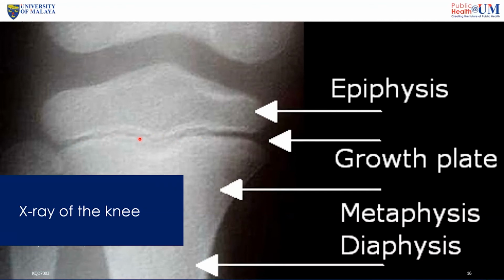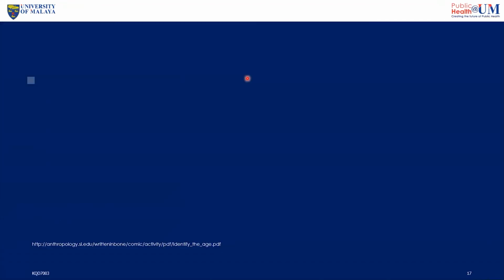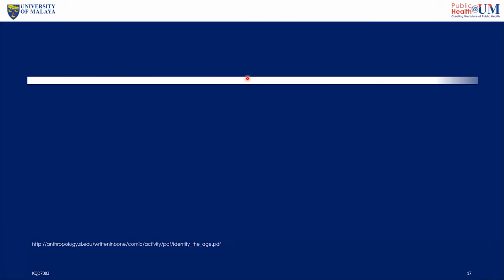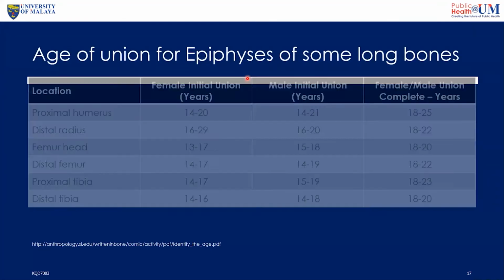This actually is the growth plate. All right. So it fuses at a certain time, and then we can decide. So this is one way basically that we can see how old the person is. All right. So just to give you some ideas.